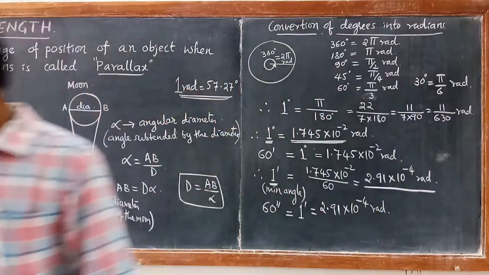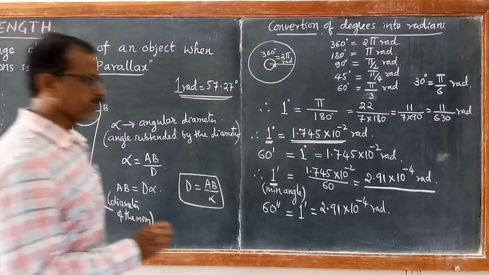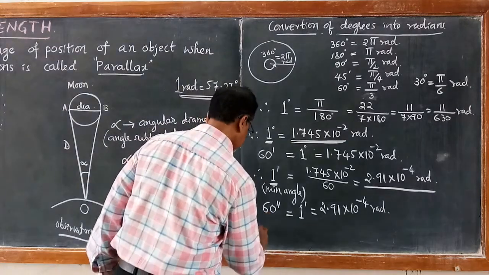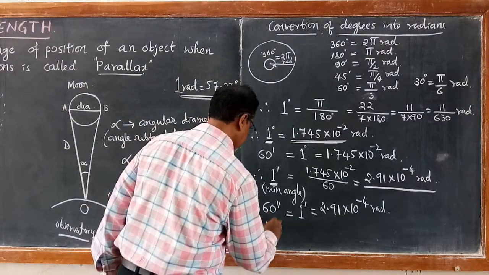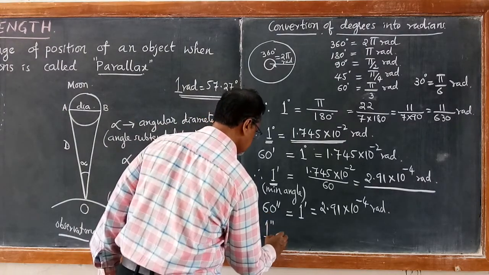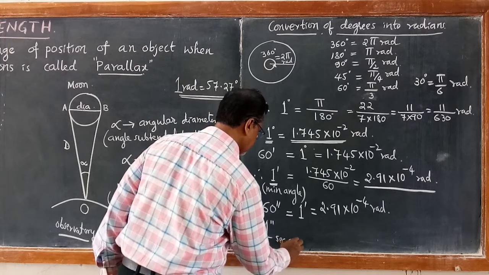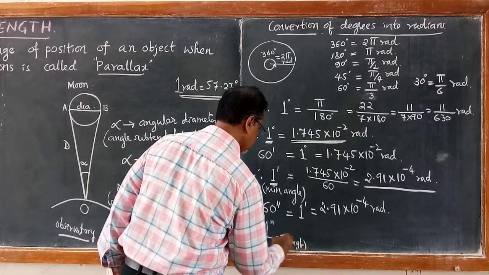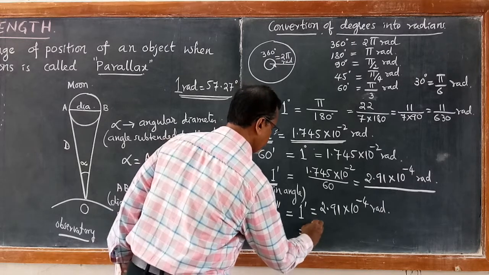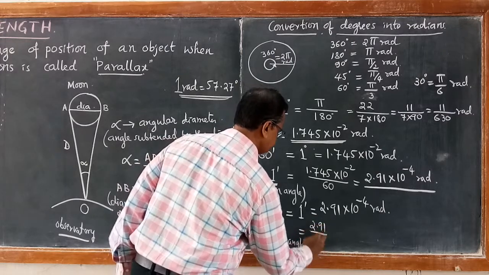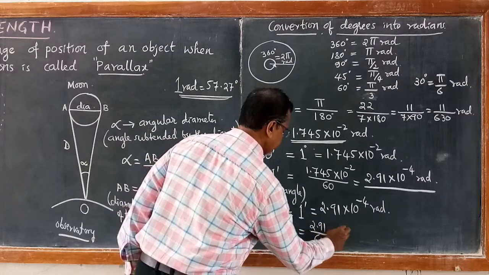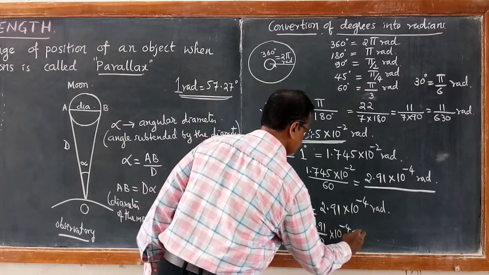Therefore, what is 1 second angle? 1 second angle is equal to 2.91 divided by 60 into 10 raised to minus 4 radians.